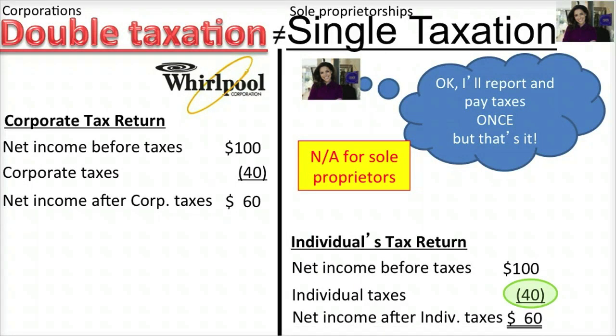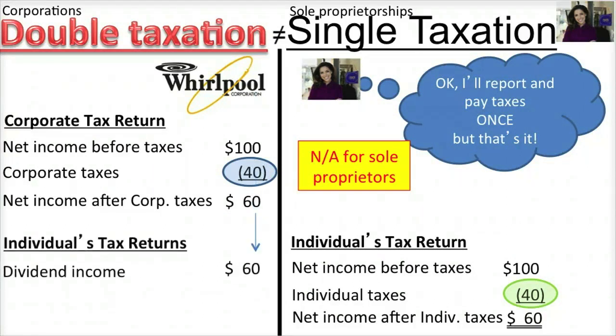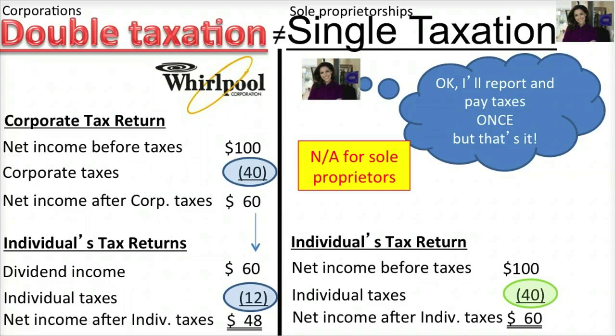On the other hand, the net income earned by a corporation is taxed once on the corporate tax return, then once again as dividend income on the individual shareholder's tax return, resulting in the income being double taxed.